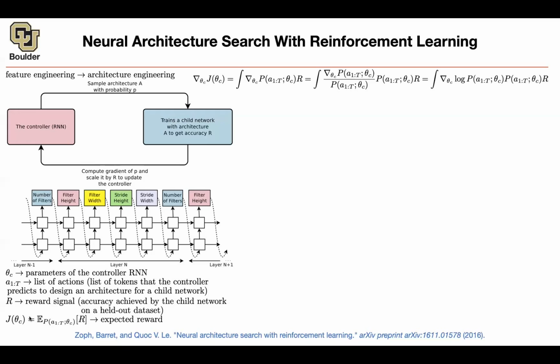You can do that because expectation is a linear operation and taking gradients is also a linear operation. So you can take your gradient inside your integral. Okay, so far so good. R is a scalar, it's not parameterized, so there are not going to be any gradients on it. The only thing that is parameterized is your probability, the one that you're sampling from. So you can take the gradient of the probability with respect to your parameters. And this is just your RNN. I'm going to tell you how the RNN is going to give you that.